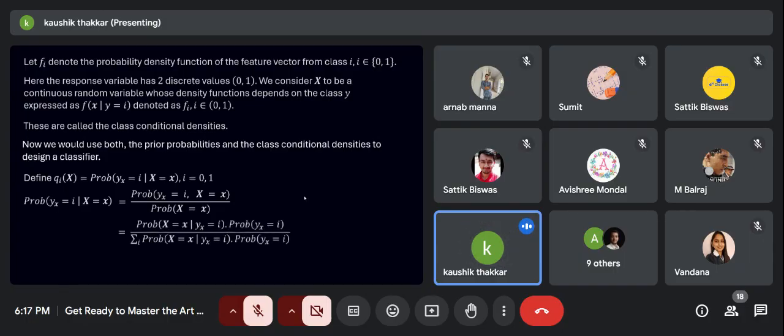Now we again write the numerator as a conditional density, where we condition on the class: given it's a class, what's the likelihood of the feature vector, right? And in the denominator, it's just the law of total probability. And according to our notation, this is what we get. So this is nothing but a simple application of Bayes rule that you have learned.